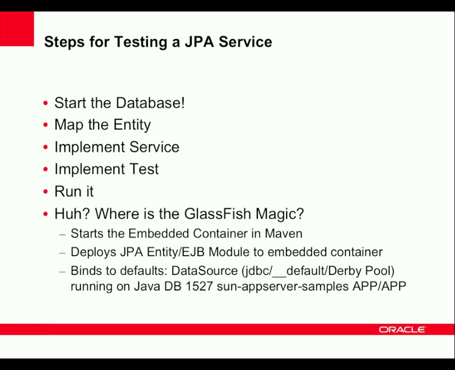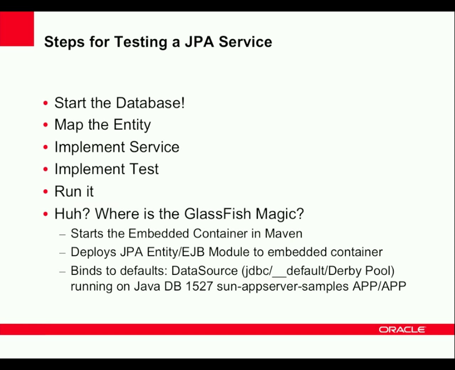The next thing we're going to do is map the entity, using a simple JPA entity command. Then we're going to implement the stateless session bean service that'll create a basic service facade on top of a JPA entity for some CRUD operations.